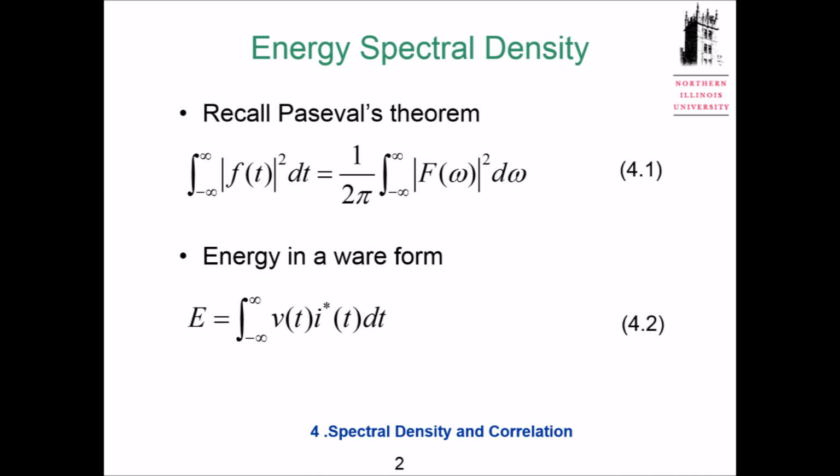This gives us a hint: the integral in frequency gives us energy. So we're going to call this the energy spectral density. Later we talk about more details. This is the first equation in our textbook in chapter 4.